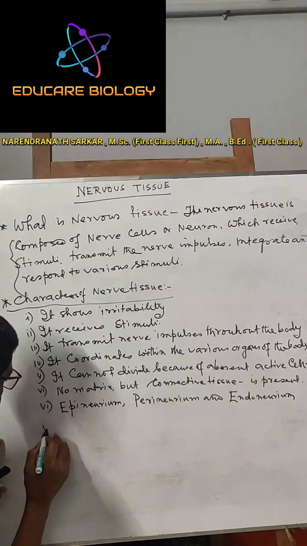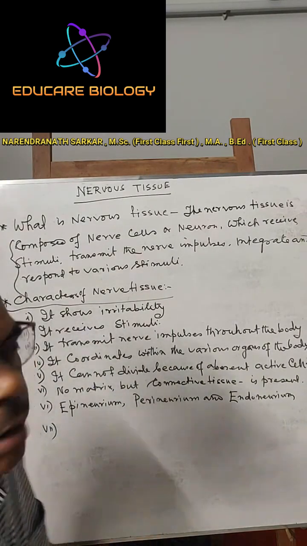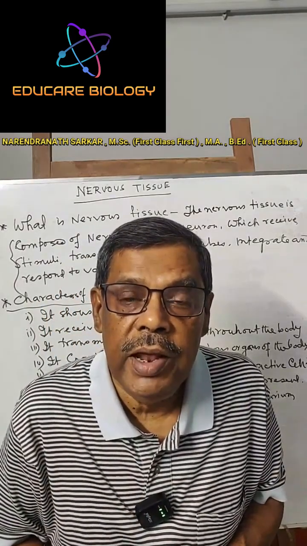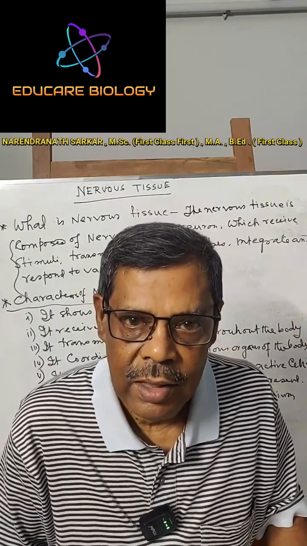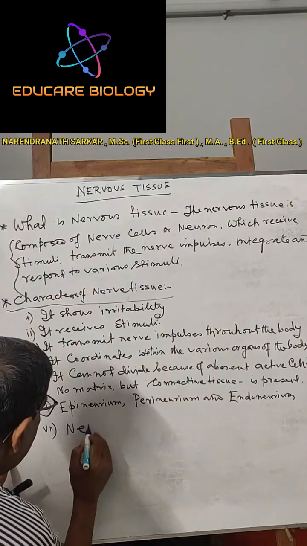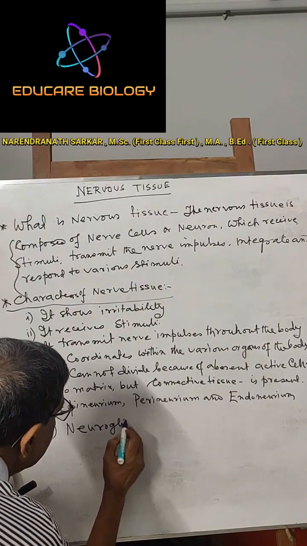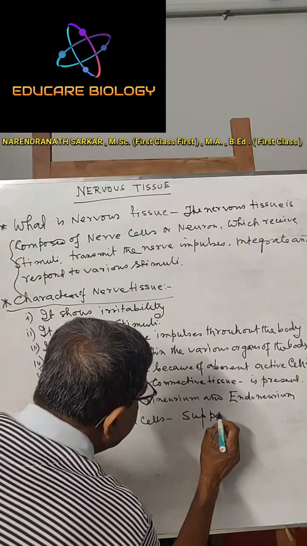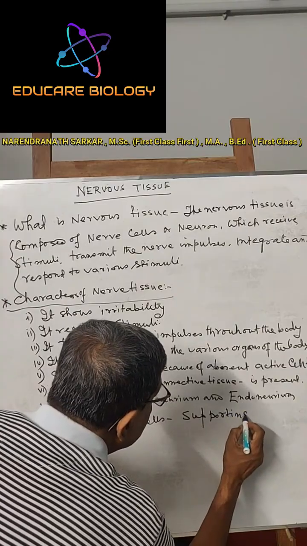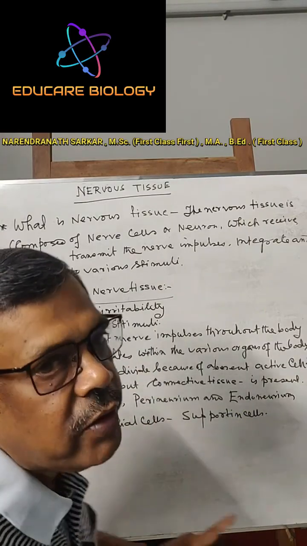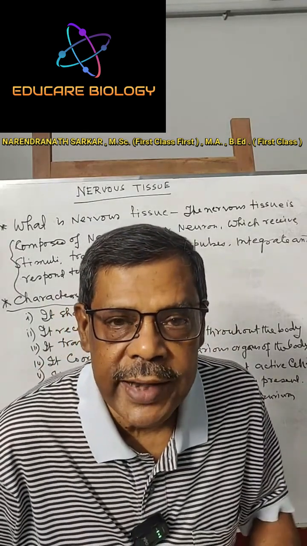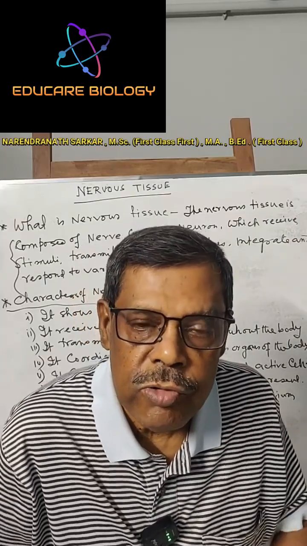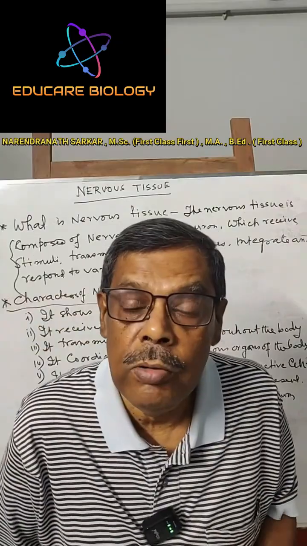Next, number 7. In nerve tissue or nervous tissue, there are present various types of neuroglial cells, which are supporting cells, which support the neuron and can take part in the regeneration of neuron, because after maturity, neuron cannot divide.